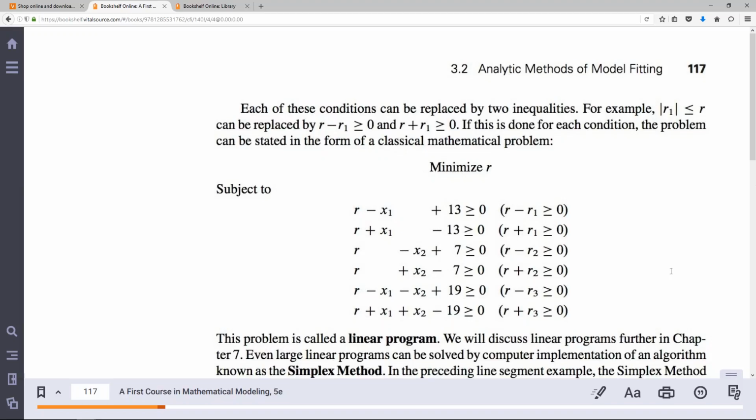If this is done for each condition, we can simplify further to represent the problem in the following form. That is R minus R1, where R1 is defined as in the previous page, x1 minus 13, so you can replace that part to represent this condition.